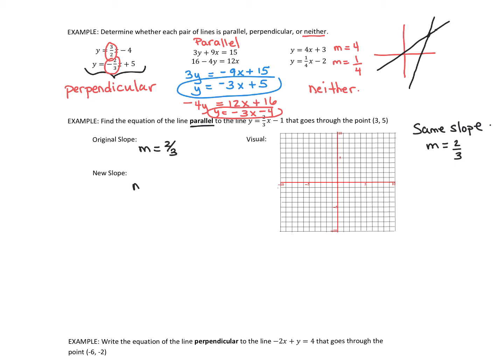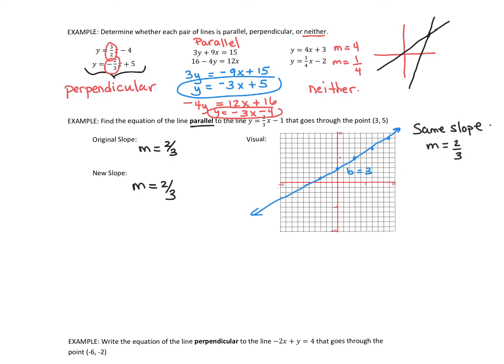Because it's parallel, our new slope is 2/3. So I am going to plot the point 3, 5, over 3 and up 5, and I'm going to count my slope up 2 over 3, up 2 over 3. I'm also going to go back 2, down 2, back 3, down 2, back 3, and I can see that this is actually crossing at 3.